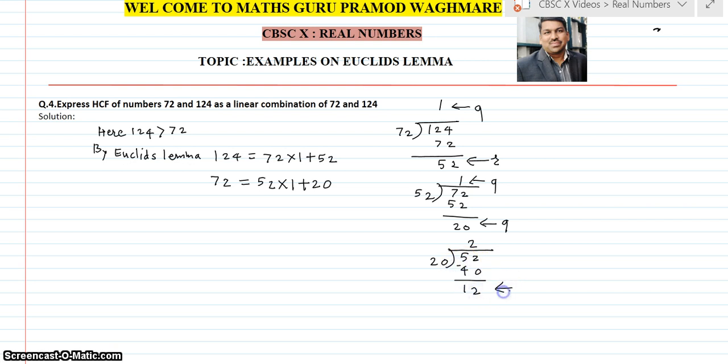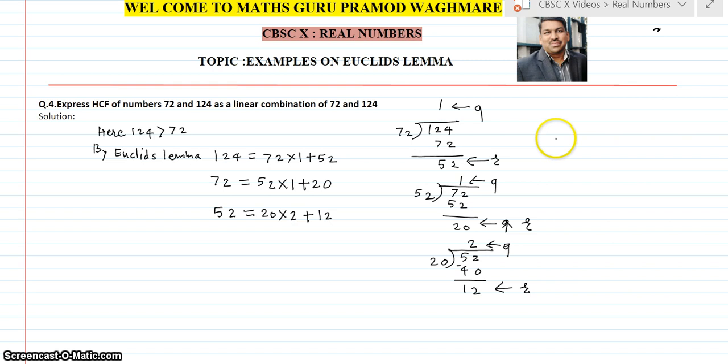So this is R and this is Q. So we can write 52 as 20 into 2 plus 12. Again the remainder is 12, not 0. So again we have to find the HCF, again we have to divide 20 by 12.